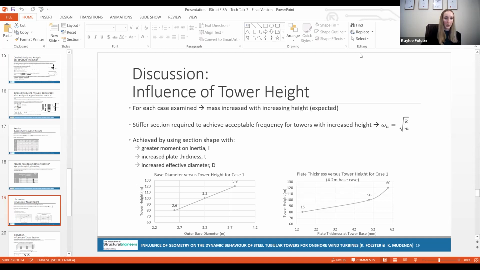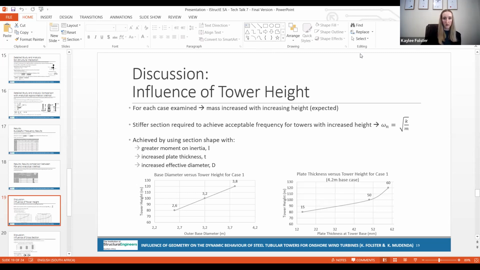So the challenge is then increasing the stiffness as the mass increases in order to maintain your frequency within your acceptable range. So if you have a look at the two graphs at the bottom there, for case one, what we noticed was as the tower height increased, the base diameter of the tower essentially increased as well. And then again for case one, with increasing tower height, the plate thickness at the bottom of the tower also tends to increase.